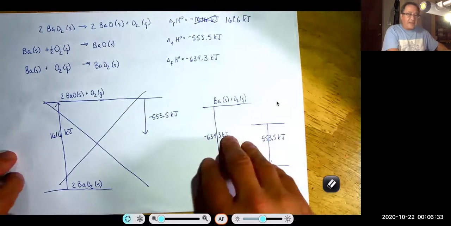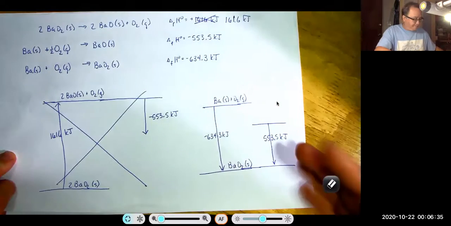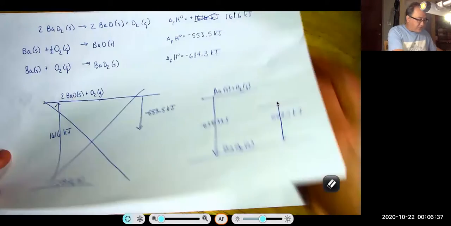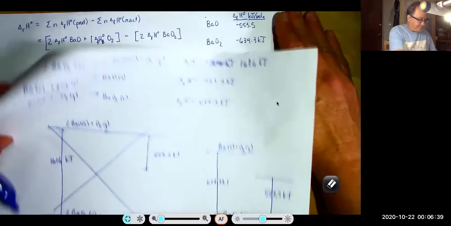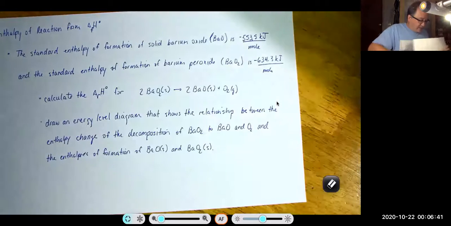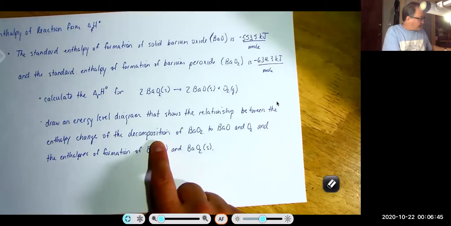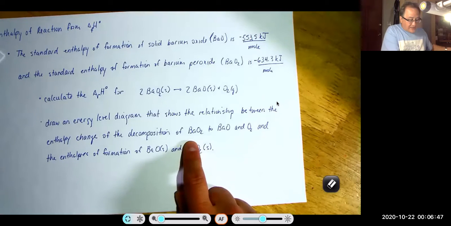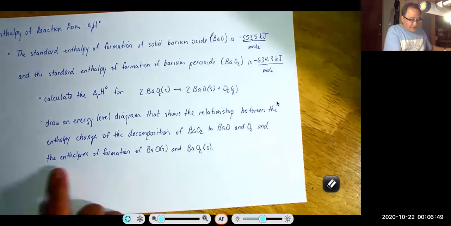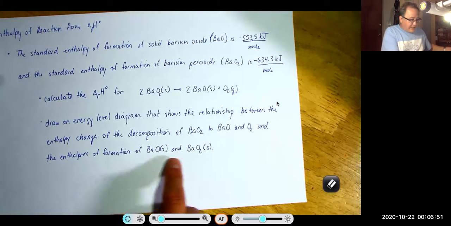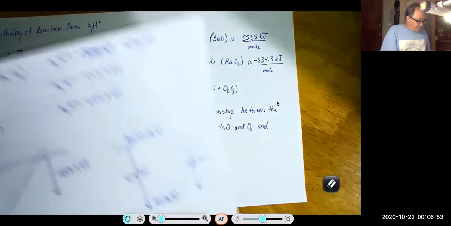And I'm going to rewrite these reactions a little bit. And we're supposed to show the relationship between the enthalpy change for the decomposition of barium superoxide to barium oxide and O2 and the enthalpies of formation of barium oxide and barium superoxide.